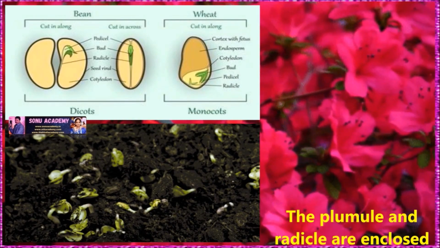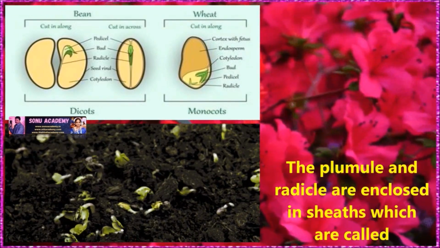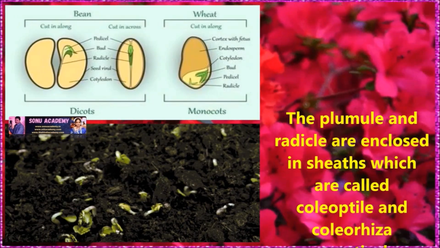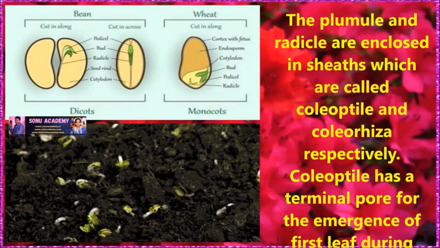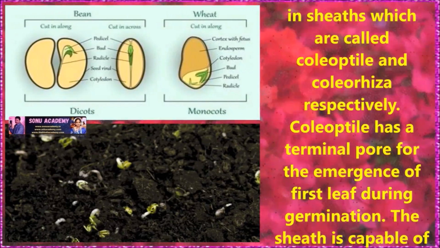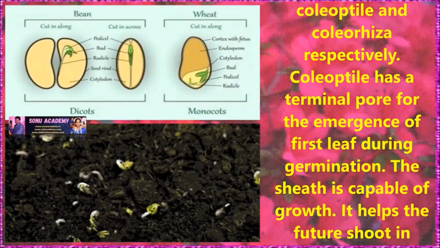The plumule and radicle are enclosed in sheaths which are called coleoptile and coleorhiza respectively. The coleoptile has a terminal pore for the emergence of the first leaf during germination.